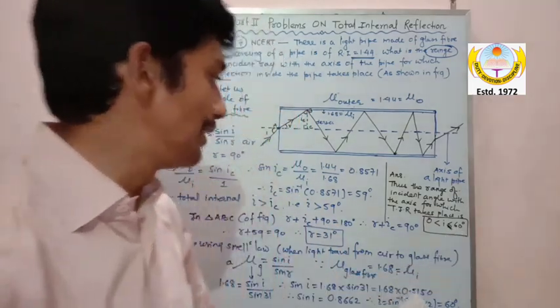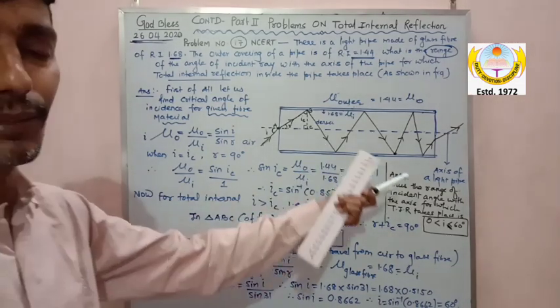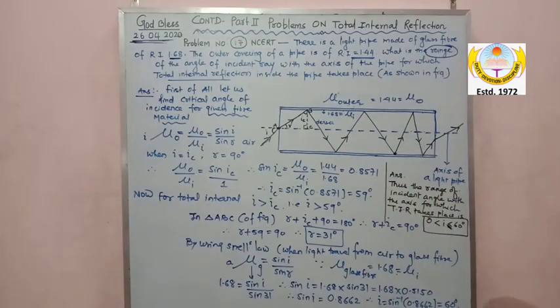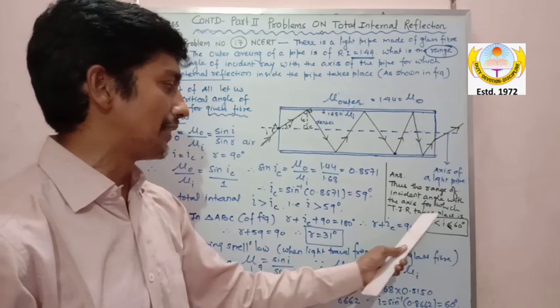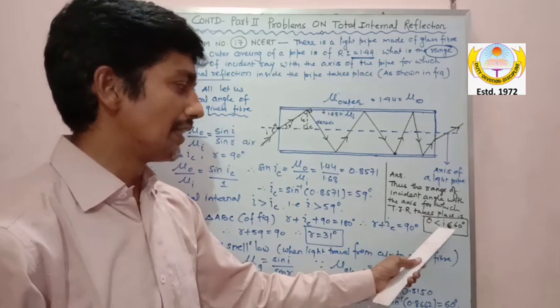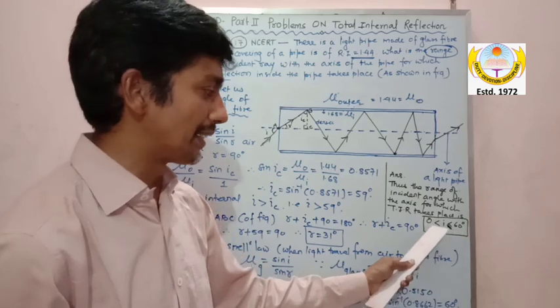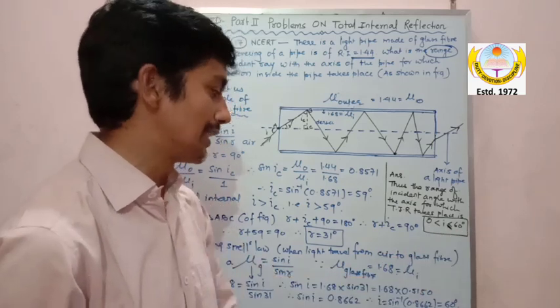So this is the range of the angle of incidence, my dear, for which TIR will take place. So that's a very important statement: the range of the incident angle with the axis for which TIR takes place is 0 less than I, that means I should be greater than 0, but less than or equal to 60 degree.